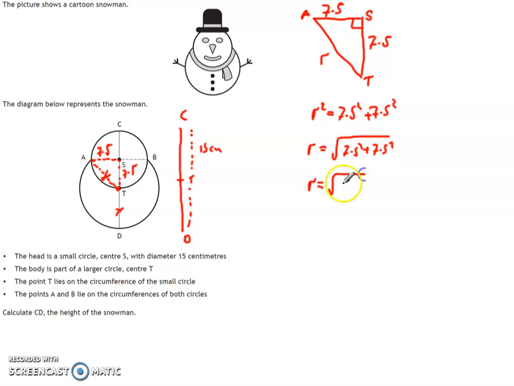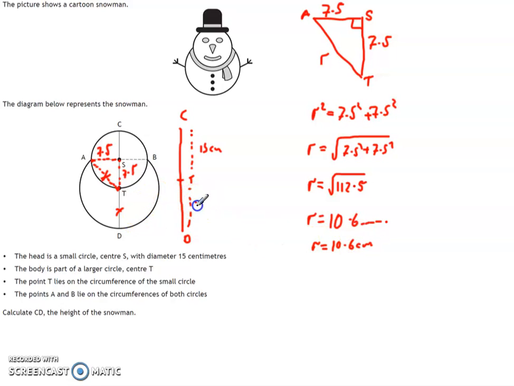So I then know that R is equal to the square root of 112.5. Plug that into a calculator and you get that R is equal to 10.6, and then numbers continuing on. So I know then that the radius, T to D, is equal to 10.6 centimetres.